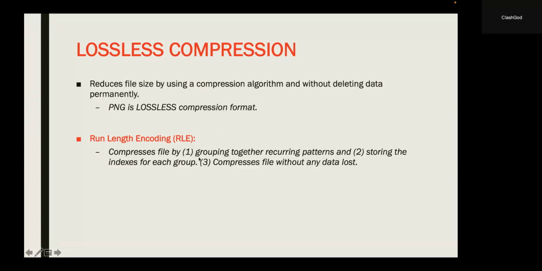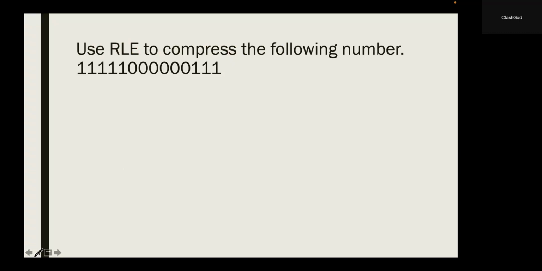And next, you want to store the indexes for each group. Now, what index means is how many of such things there are. For example, here the index is 5 because there are 5 ones. Here the index is 6 because there are 6 zeros. And here the index is 3 because there are 3 ones. And basically, you have done it.